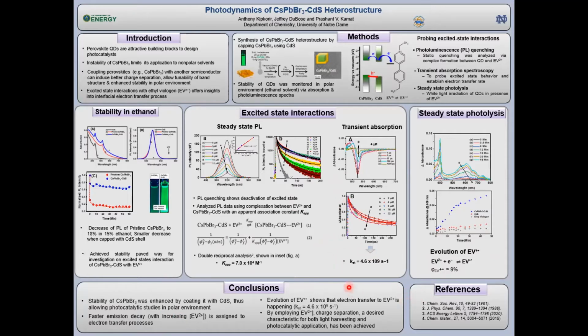And the evolution of ethyl viologen radical that we monitor in steady state photolysis shows us that indeed we have electron transfer happening, which is something to smile about as far as application of such material is concerned. And again, use of ethyl viologen provides a nice avenue for us to separate the charges and shuttle them.